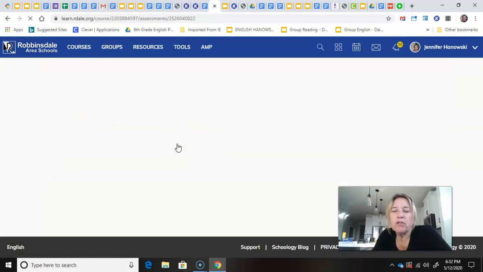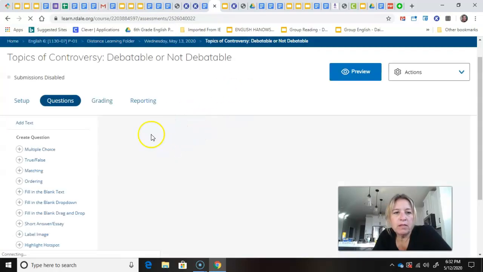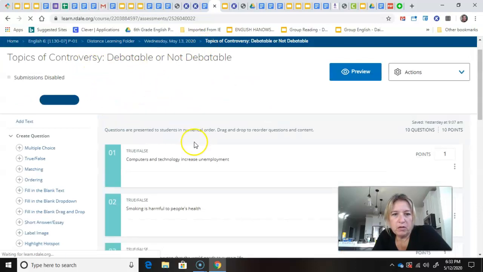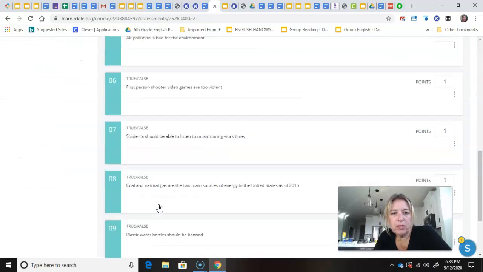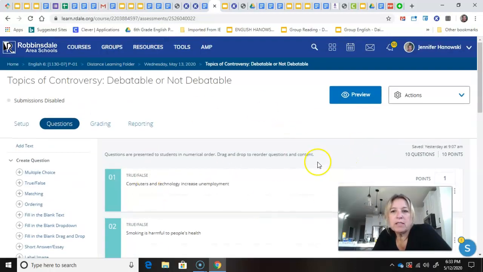This is just to give you a feel of things that could be debated. It says true, false, but when you pick it, it'll tell you debatable or non-debatable. There's 10 of them. You're just going to do that to see if you know what's debatable and not debatable. And that's it for today.